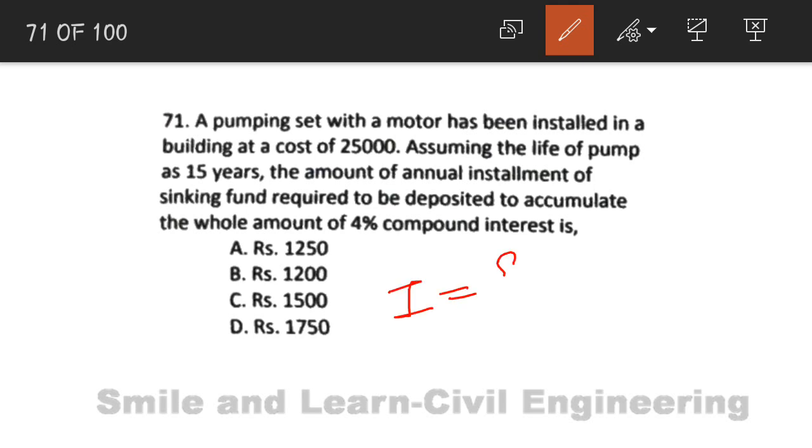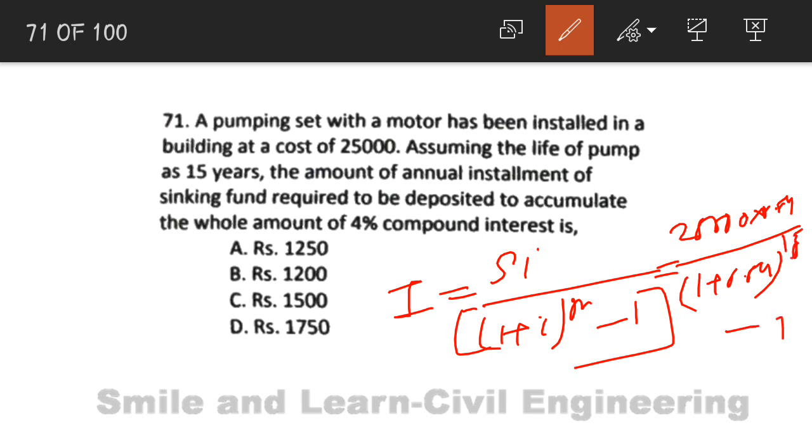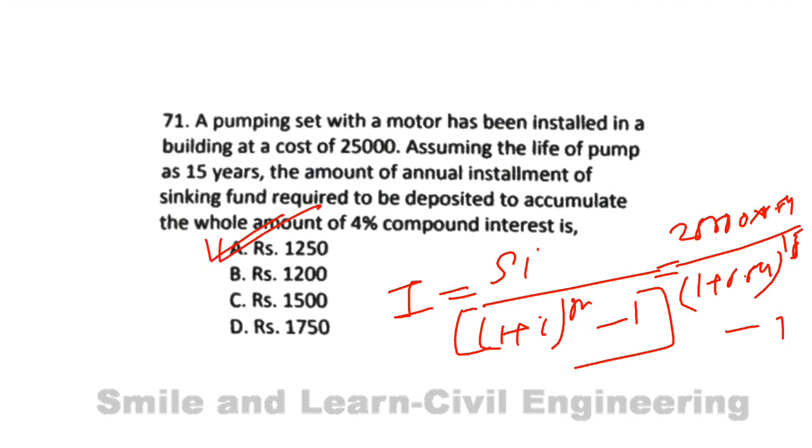So first let's calculate: S times i divided by (1 plus i) whole to the power n minus 1. Put the values: 25,000 multiplied by 0.04 divided by (1 plus 0.04) to the power 15 minus 1. If you calculate this value, you will get 1250. Option A will be the correct answer.